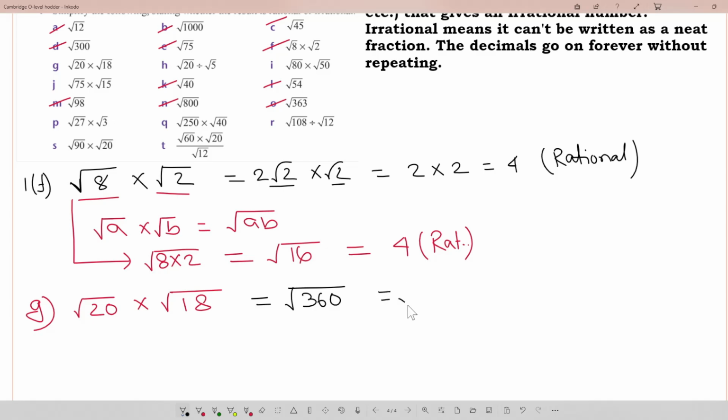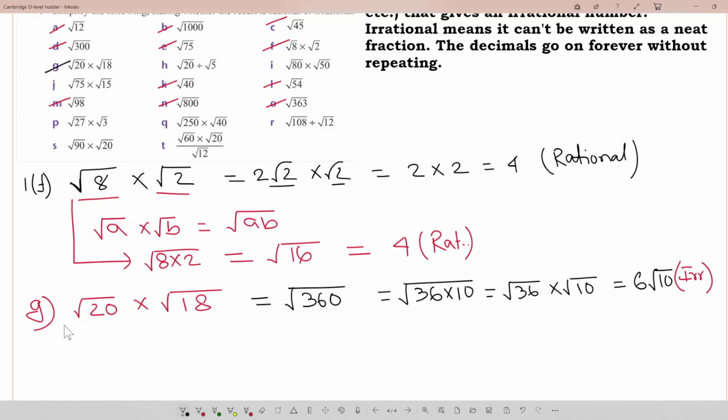Then we can write this as 36 times 10, so root 36 times root 10. 36 is a perfect square, so root 36 will be 6, and here is root 10. Finally the answer is an irrational number. Okay, so 1g is done.